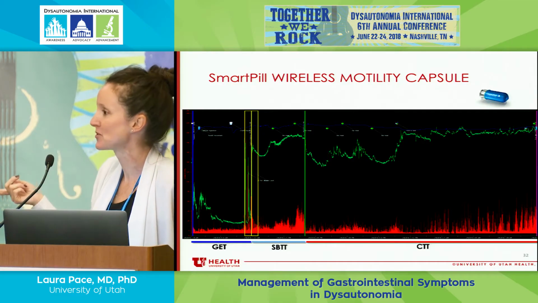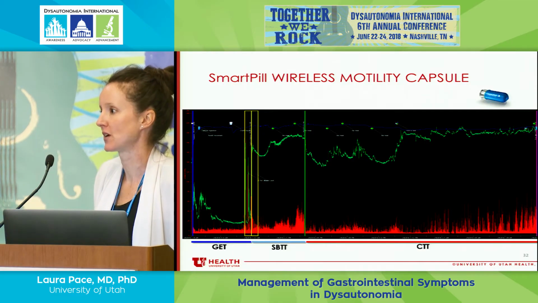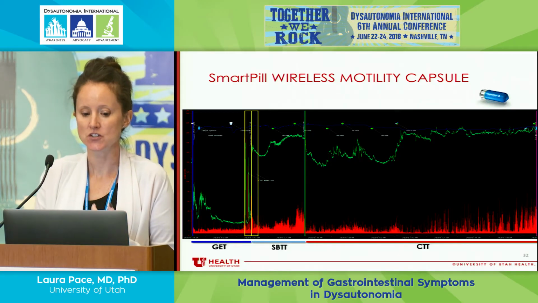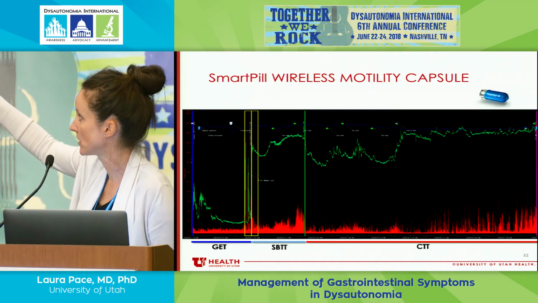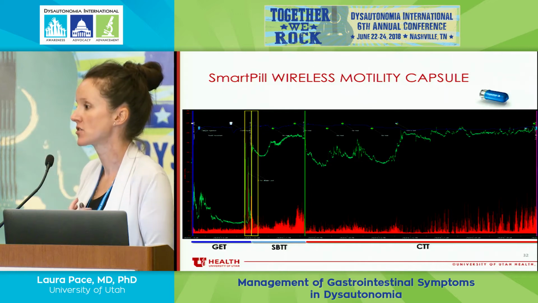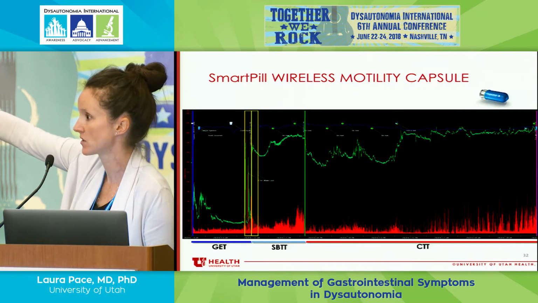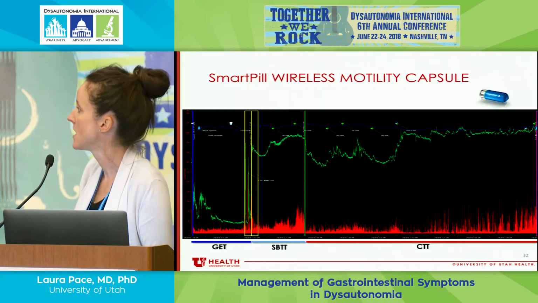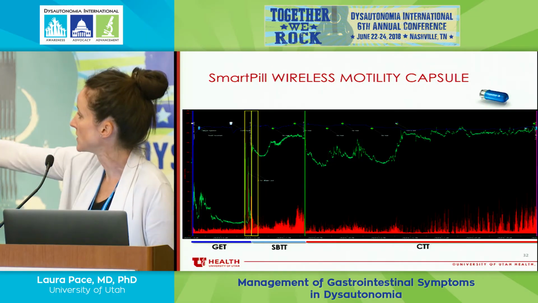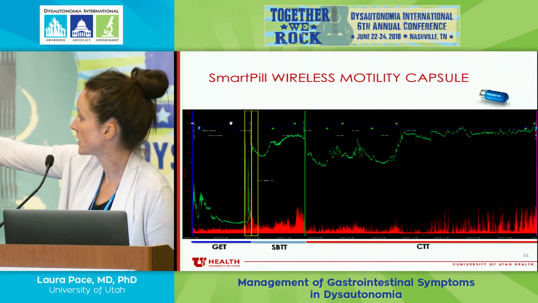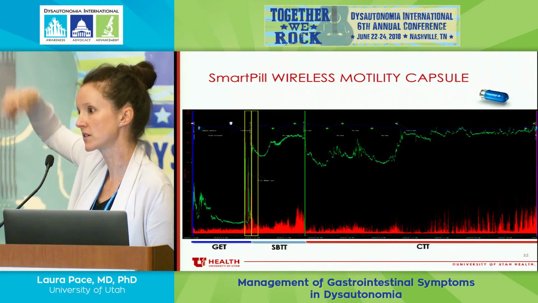Then you wear a recorder for up to 5 days, and the capsule measures temperature, represented by the blue line at the top of the screen. It measures pH, represented by the green line that changes pretty dramatically throughout the study. And then it measures pressure, indicated by the red tick marks at the bottom.